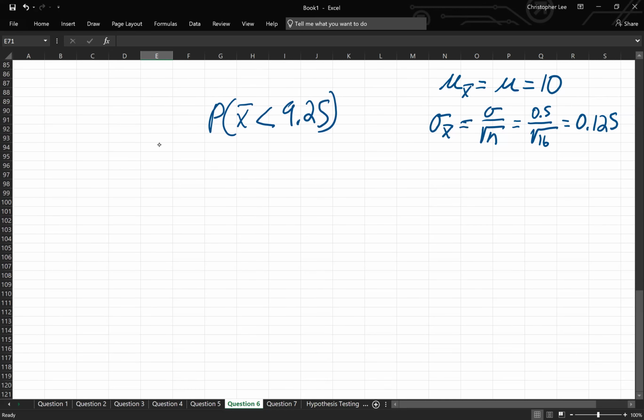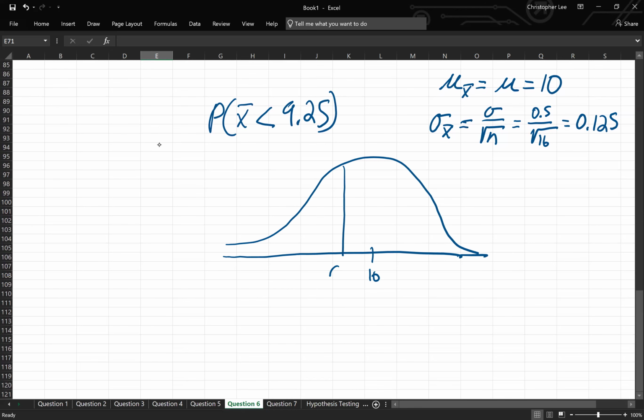Draw your distribution. Yes, I know you're drawing the exact same thing you just drew right above. That just happens to be this question. That's not guaranteed to happen tomorrow. All right, 9.25. I want the area to the left of it, right?